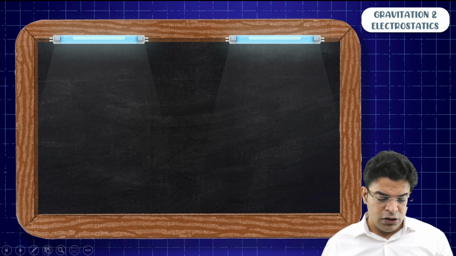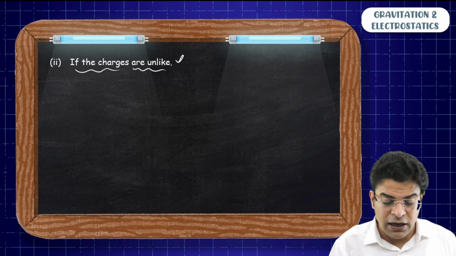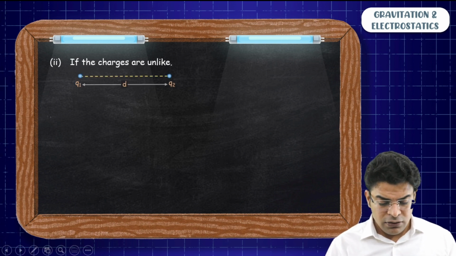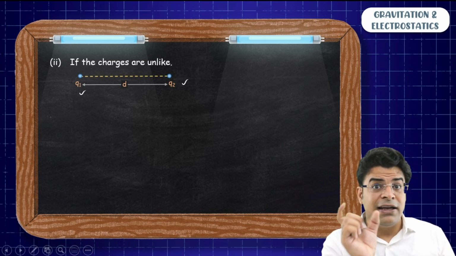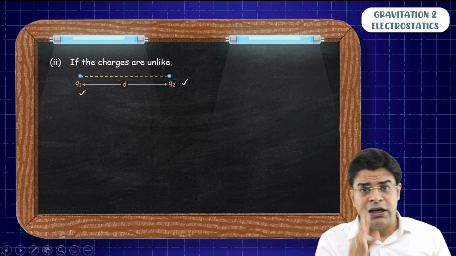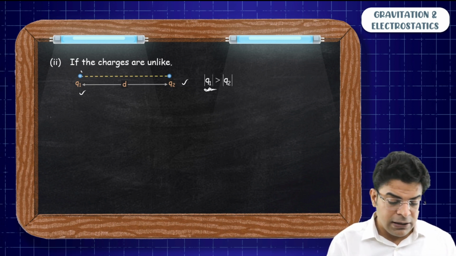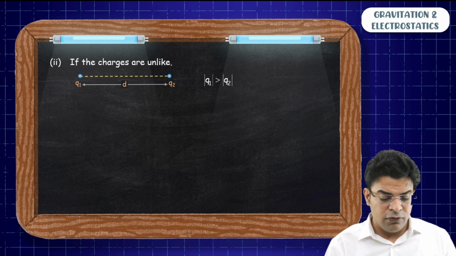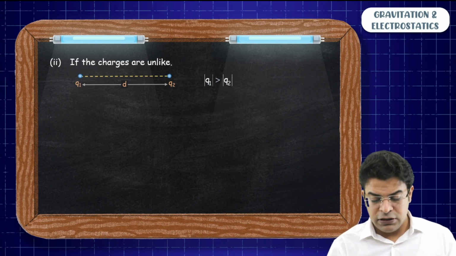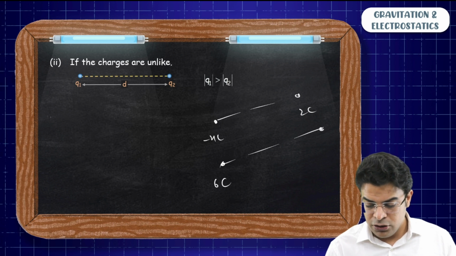So let's move on to the second case, where the charges are unlike. Let's say we have these two charges q1 and q2 separated by distance d, and they are unlike charges. So if one of them is positive, another one is negative. And let's say we are thinking of the case where the magnitude of q1 is greater than the magnitude of q2. So the charges can look like minus 4 coulomb, 2 coulomb, or 6 coulomb, minus 3 coulomb.